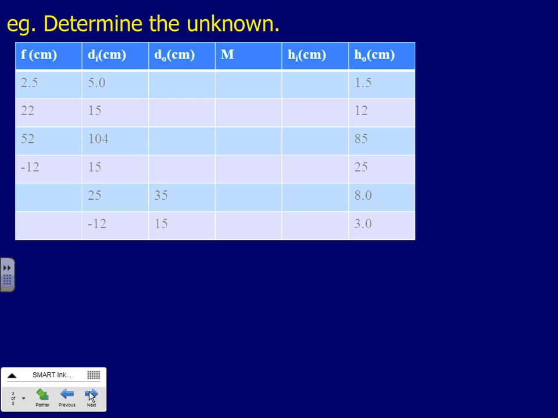And what I'd like you to do is this one at a time. I know I've got a big table of it here, but let's deal with f equals 2.5, di equals 5.0, and ho equals 1.5, and they're all in centimeters. So just write that down. It doesn't have to be in a table form. I put it in a table form because I wanted to make a bunch of examples quickly for you.